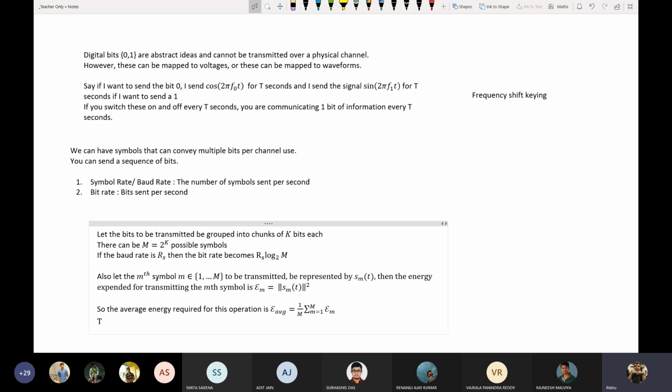So the average power consumed. This makes sense? Sir, it was epsilon average.